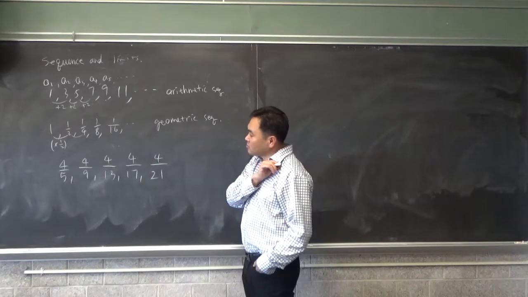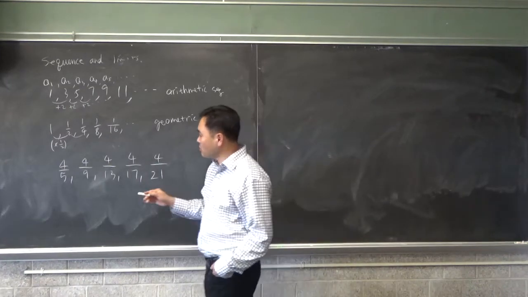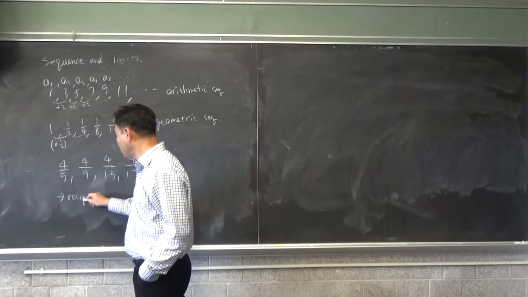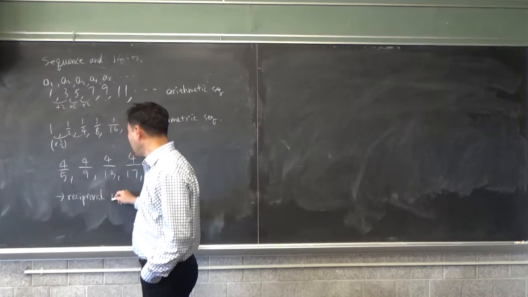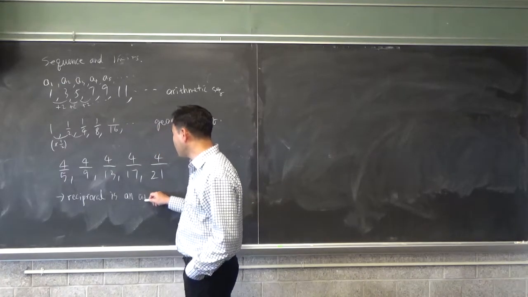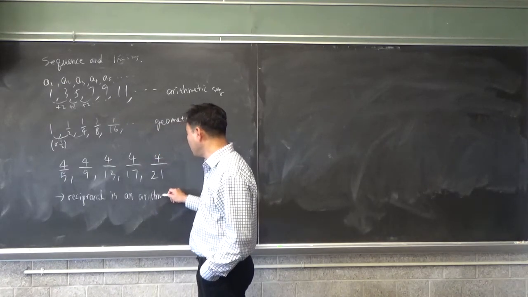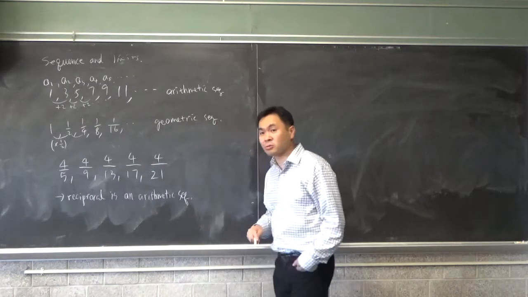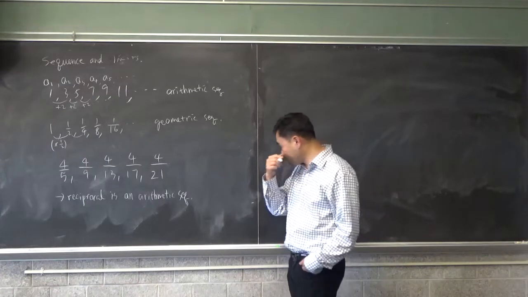So this has the property that the reciprocal is an arithmetic sequence. Okay, so the reciprocal is an arithmetic sequence.